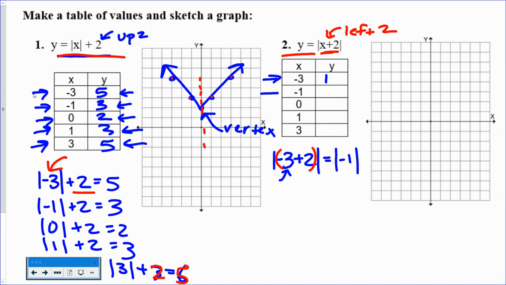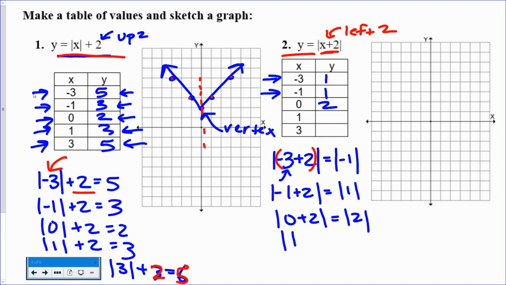All right, so then for plugging in -1, -1 plus 2, I do that first, so -1 plus 2 is just a +1, and that absolute value would be 1. 0 plus 2 would just be the absolute value of 2, which is 2. And then 1 plus 2 would be the absolute value of 3, which is 3. 3 plus 2 would be the absolute value of 5, which is 5.